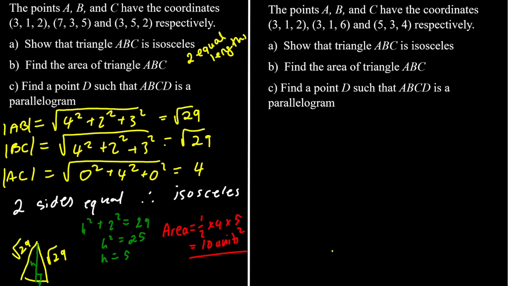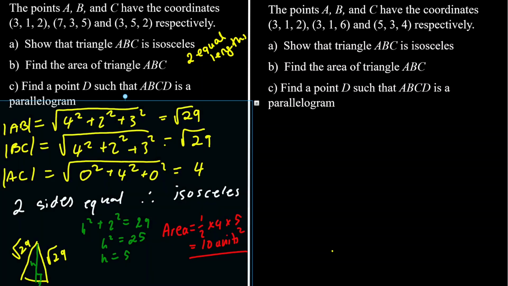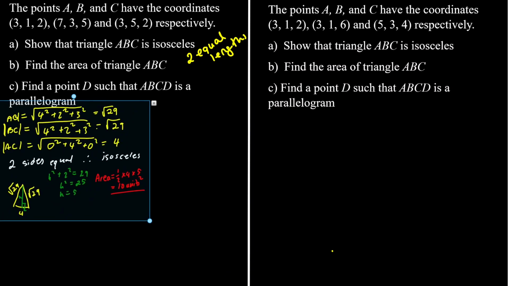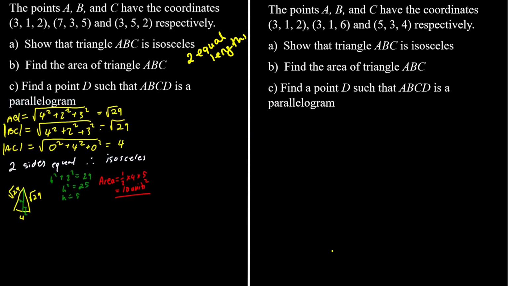Find the point D such that ABCD is a parallelogram. So we have 3 points already that make an isosceles triangle. So A to B and B to C are square root 29, and A to C is 4.